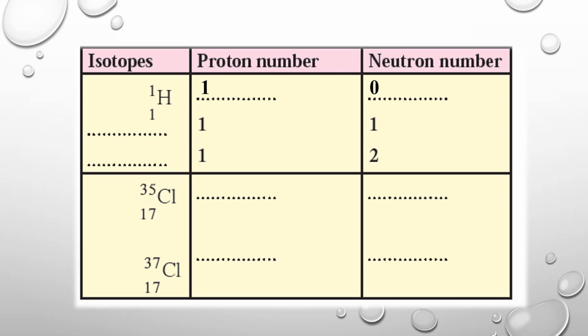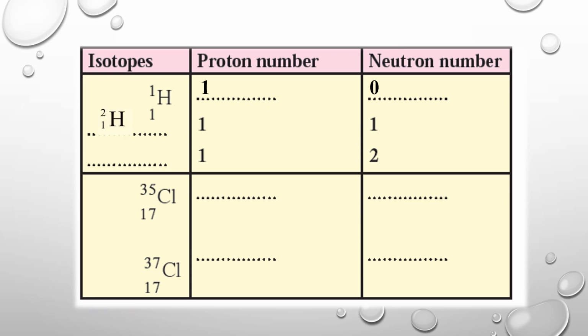Second one is proton number is 1, neutron number is 1. I need to represent it in the form of an isotope. So proton number is given as 1, so that will automatically become my subscript. What will be my superscript? My superscript or my mass number will be proton plus neutron, that is 1 plus 1, 2.